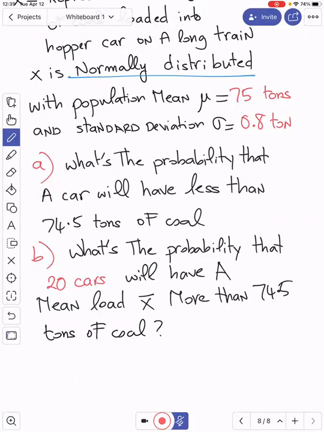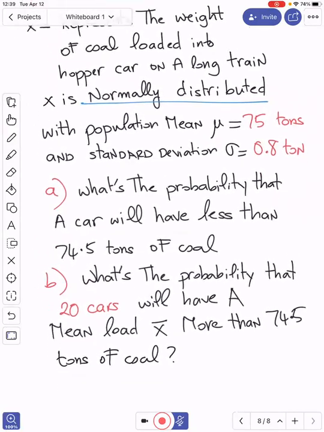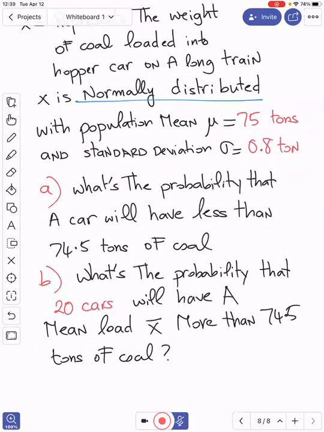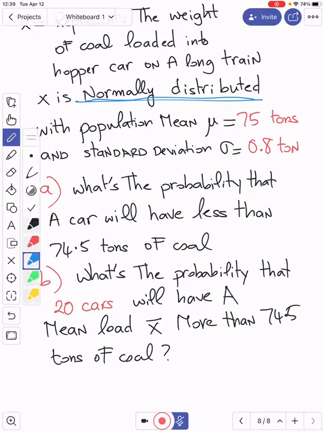All right, guys, I'm going to give you a couple of minutes to think about this exercise. Here X is normally distributed, so there's no restriction on the size of the sample. In B, we have a random sample of 20 cars.